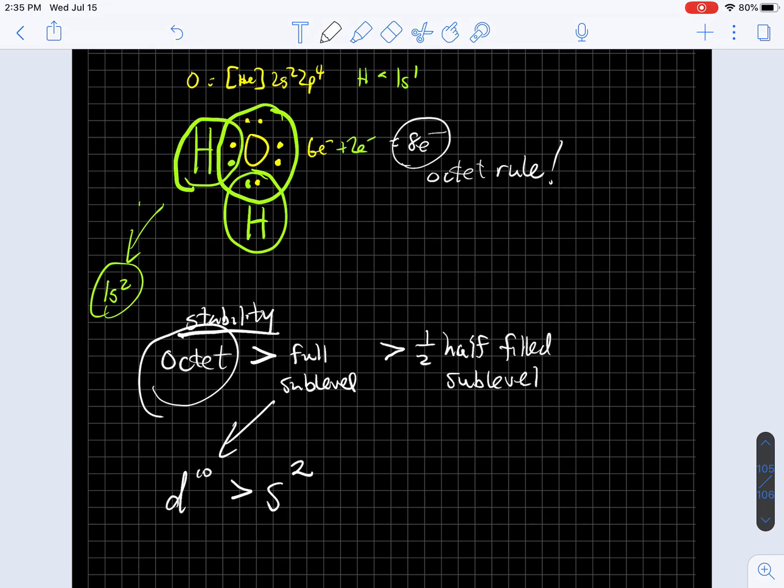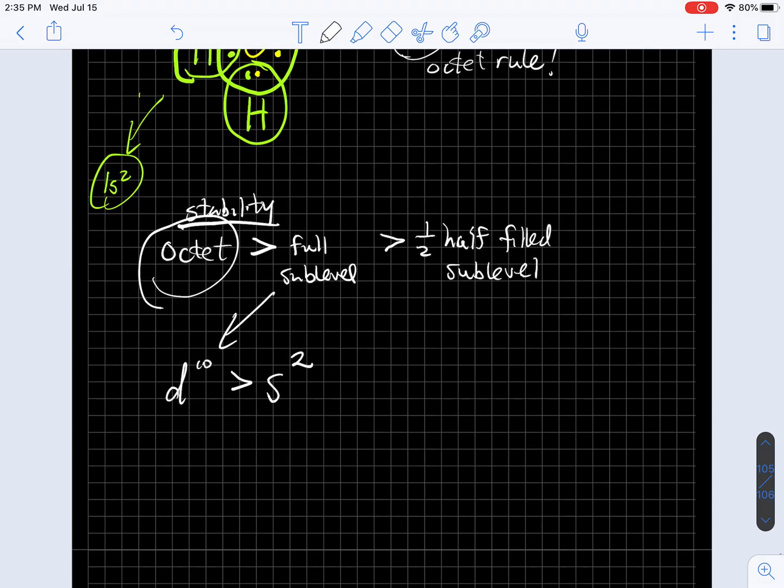So that takes precedence. That takes priority. But a D10 configuration is much more stable than an S2. An F14 is more stable than an S2. Again, the bigger the shell, the bigger the effect. A D5 configuration is more stable than a P3 configuration, which is more stable than an S1. They all represent half-filled shells, but the bigger the shell, the bigger the effect.